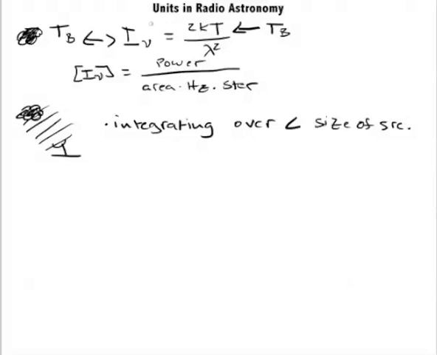This turns the specific intensity into a power per area per hertz. In other words, this is a flux per hertz. This is usually denoted as a flux density.